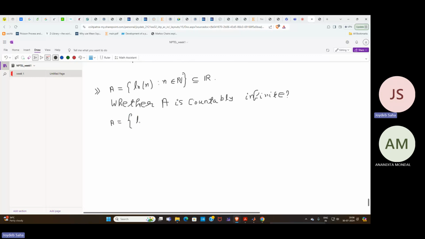A we can write as ln1, ln2, ln3, ln4, and so on, right?